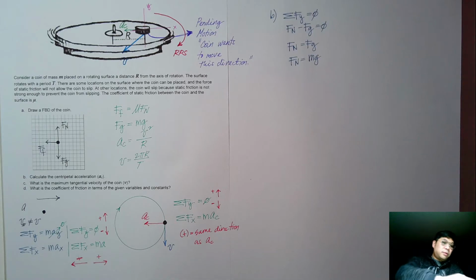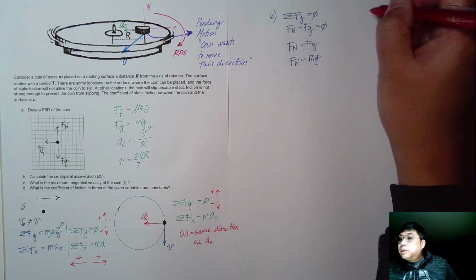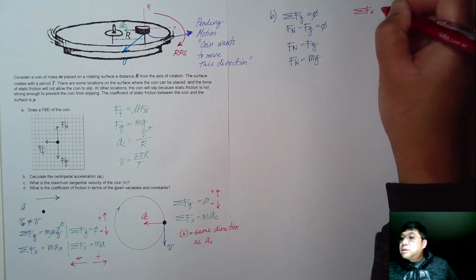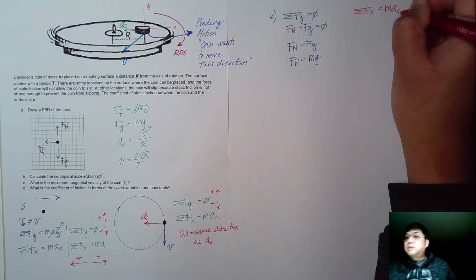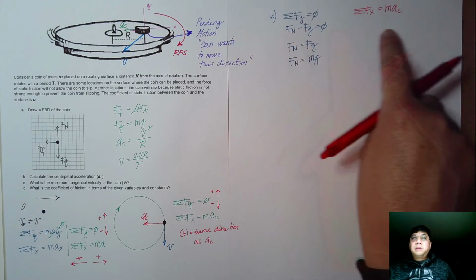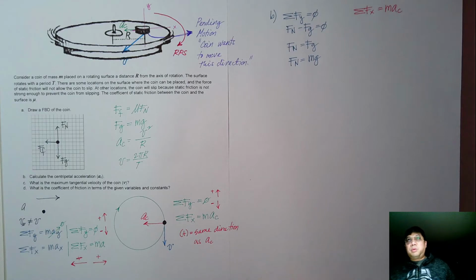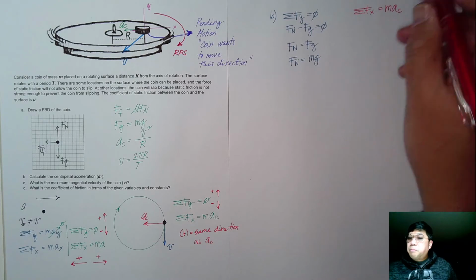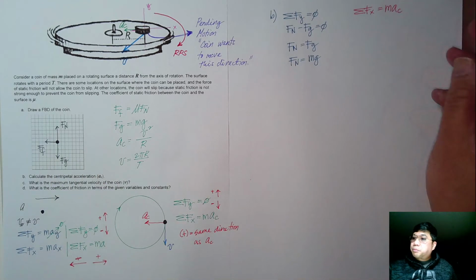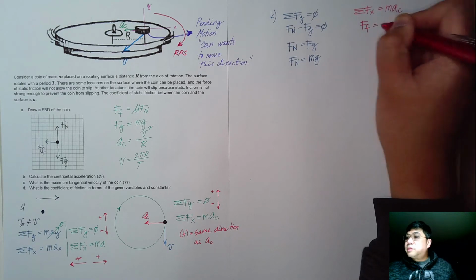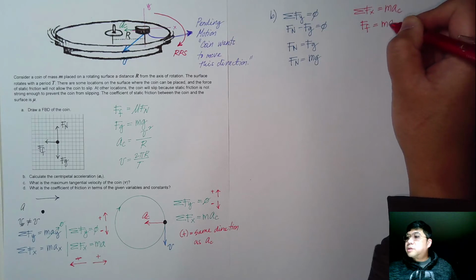How about the summation of forces along the x-axis? The summation of forces along the x-axis is equivalent to mass times the centripetal acceleration. This is only true if we are solving horizontal uniform circular motion. So what are the different forces? We have F, or force of friction, equivalent to mass times AC.